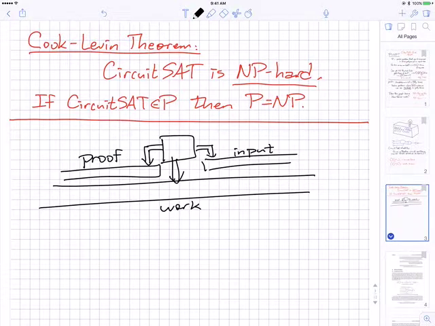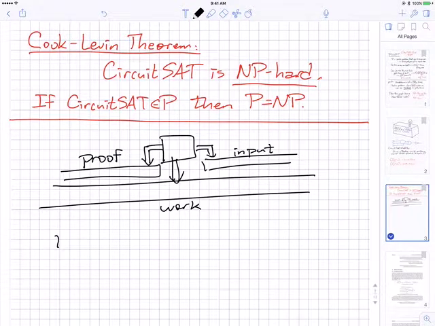And the way that you do that is you have wires that carry a signal that is on if there's a 1 on the work tape at a particular spot at a particular time, and 0 if there's a spot on the work tape that's 0 at a particular point at a particular time. And then you encode transitions between these wires based on the state transitions inside the Turing machine.